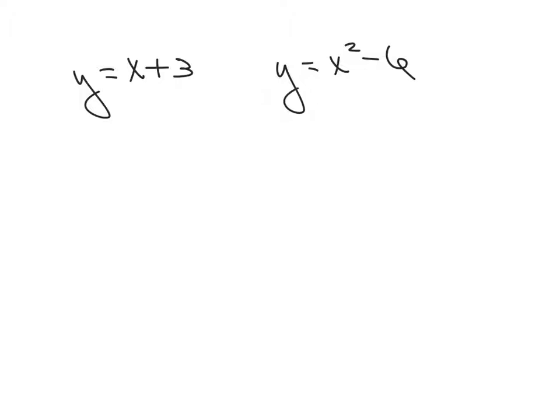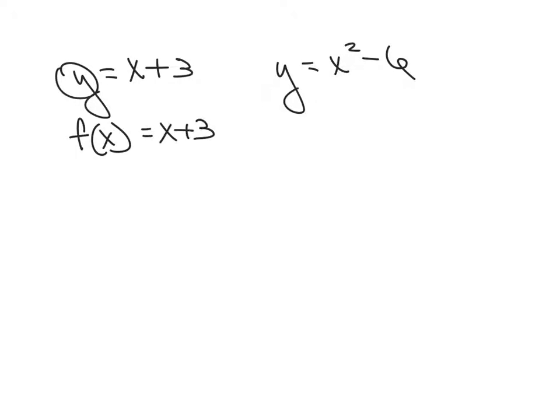Well, one of the things about functional notation is it makes it easier to name your functions. So for example, if you remember a while back, instead of using a y, we used an f of x.